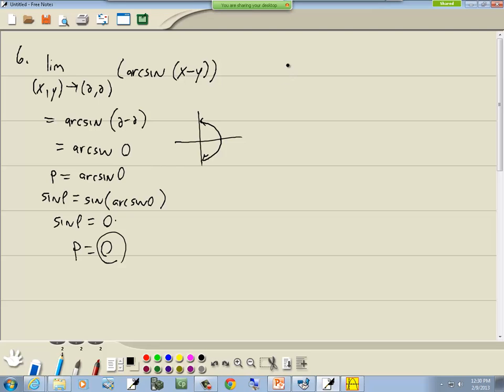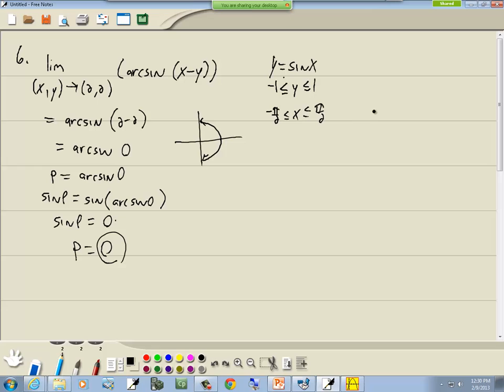Okay, let's talk about the continuity, where it's continuous. Now, if I look at y is equal to sine x, specifically just looking where it ties directly to arcsine, this bounces back and forth on my y's from negative 1 to positive 1. And on my x, I'm going to go from negative pi over 2 to pi over 2.